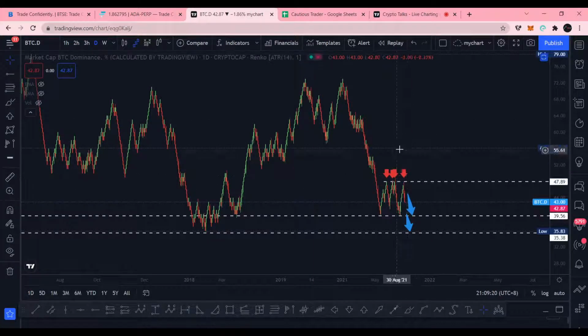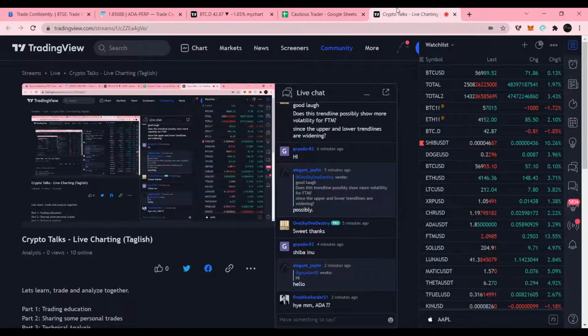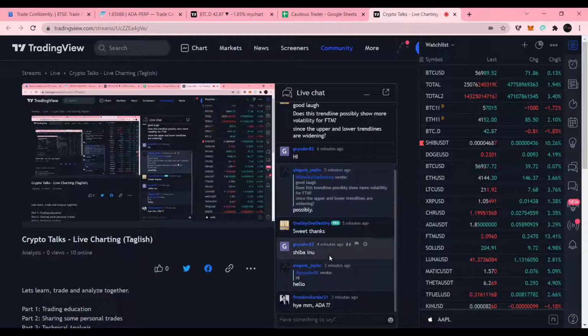But let's see how this BTC dominance goes within the last less than 2 months before the year ends. After that we'll go on to BTC and some other altcoins, which is part 3, technical analysis: ADA, Shiba Inu and ADA.